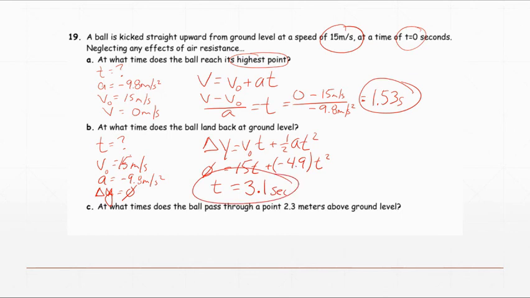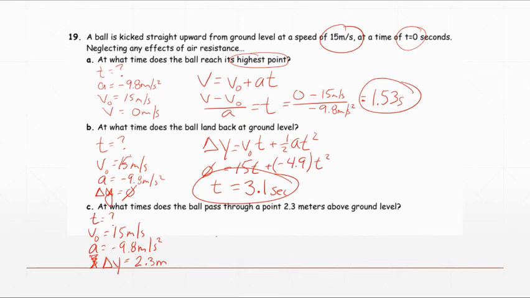At what time does the ball pass through a point 2.3 meters above the ground? So we're looking for time. V initial equals 15 meters per second. A is equal to negative 9.8 meters per second squared. Change in y again is equal to 2.3 meters.